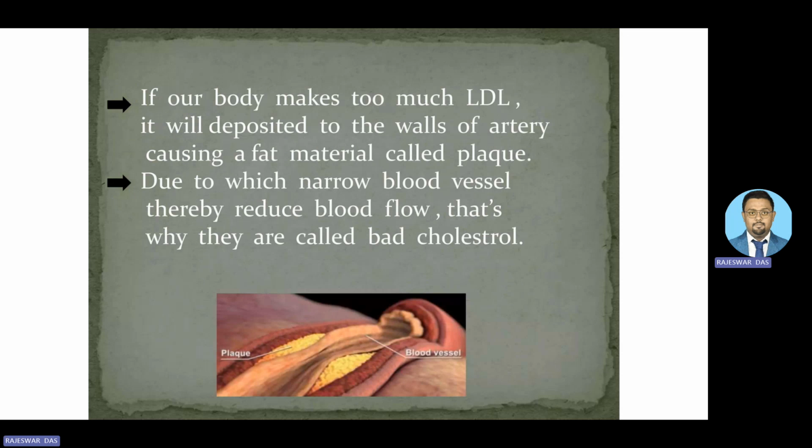If our body makes too much LDL, it will deposit on the cell wall and artery, causing fatty material called plaques. This narrows the blood vessel, thereby reducing the blood flow. That's why it is called bad cholesterol. Narrowing of the blood vessel is called arteriosclerosis, and it is a cause of heart attack, stroke, and hypertension.